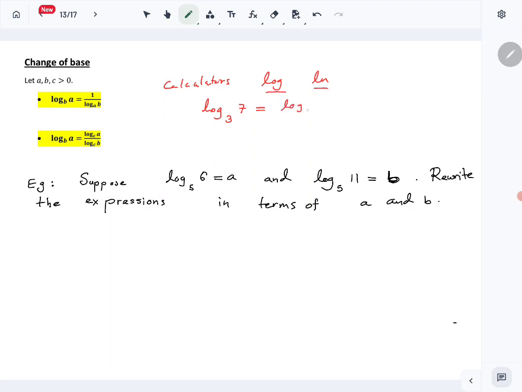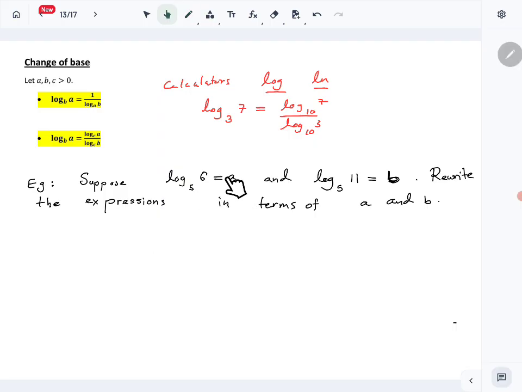So I can do it like log base 10 of 7 over log base 10 of 3. Then I can use the calculator and find it. So that's one reason we have this change of base formula.